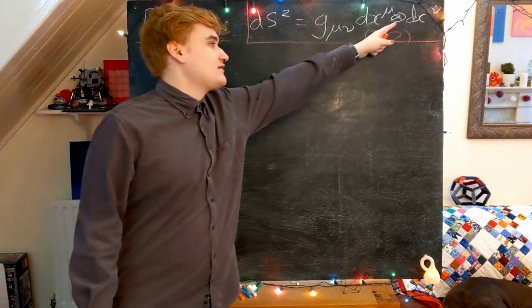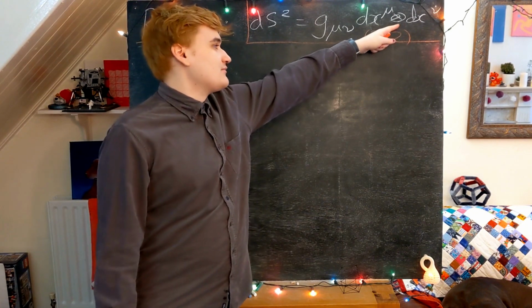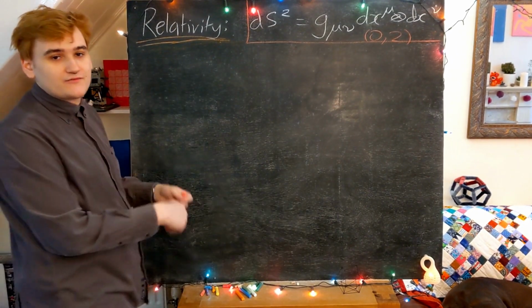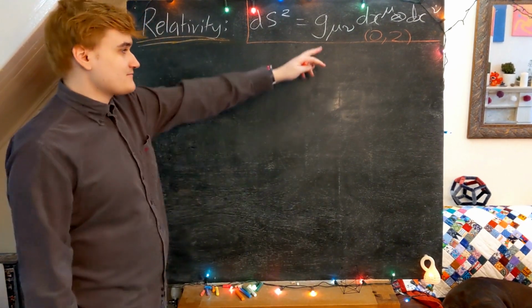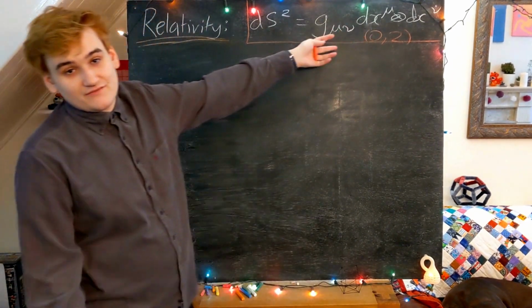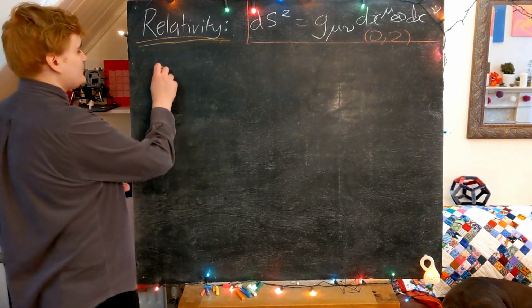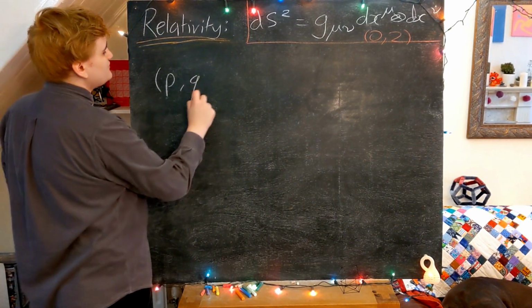Now how we should view this tensor product symbol is that it is what we use to string together and form higher order tensors out of simply vectors and one-forms. So I could write an arbitrary PQ tensor.